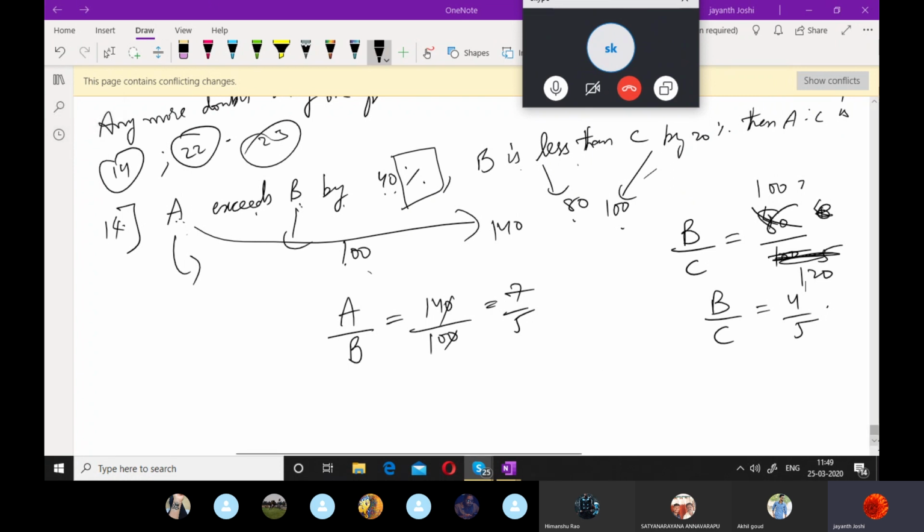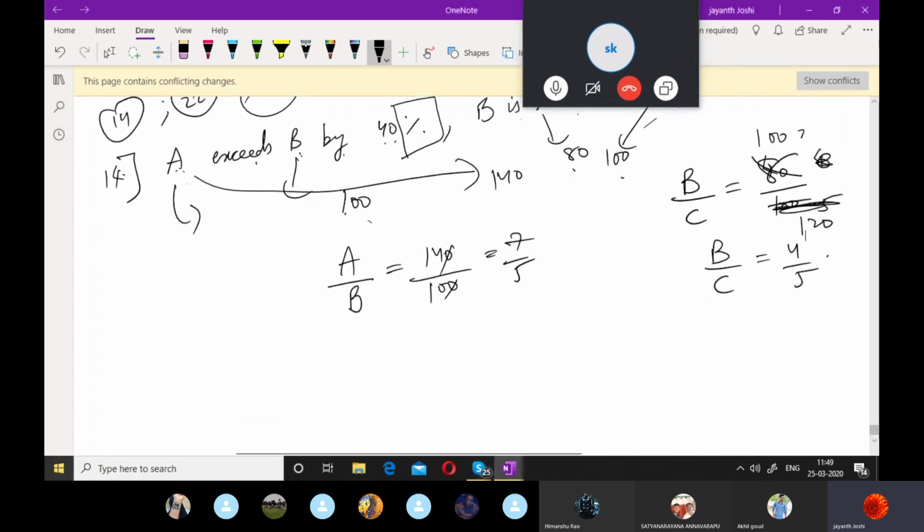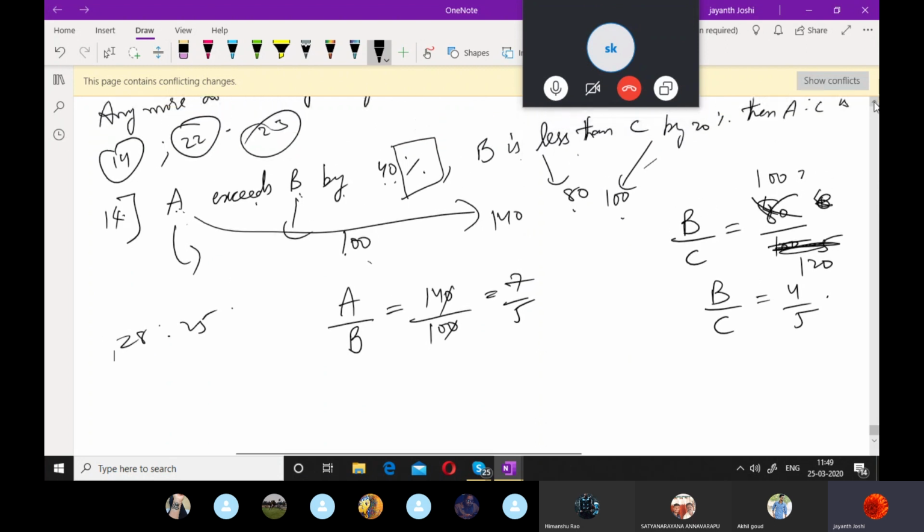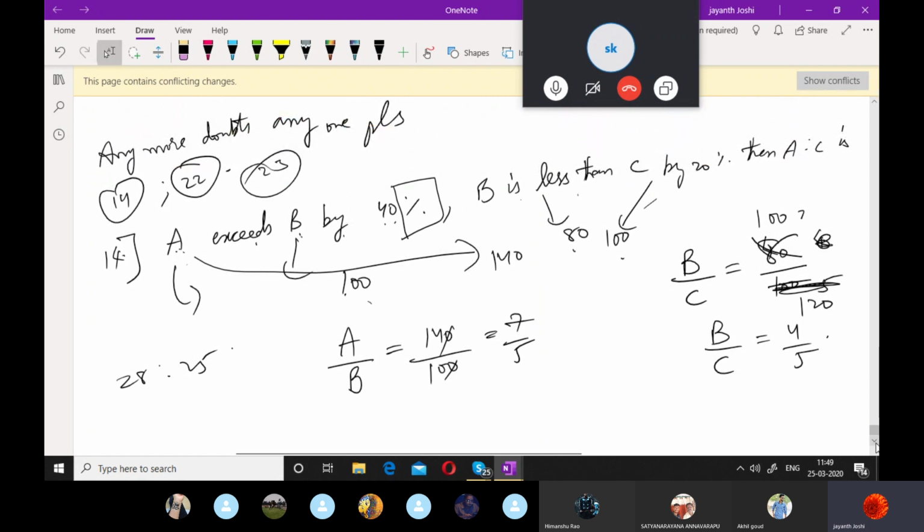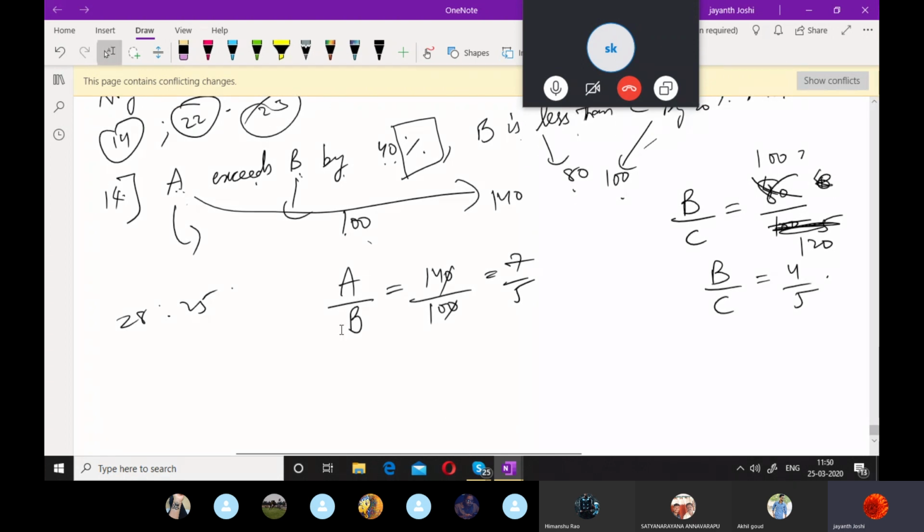Let us do it with back substitution. For example, 28 is to 25 is given. So A exceeds B by... no, this one also does not go in this way. Because A is to B, B is to C, and A is to C we will get.